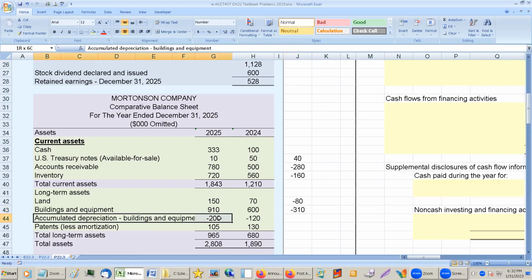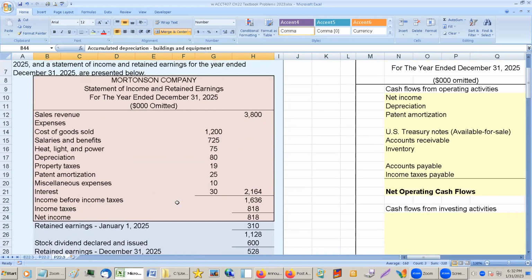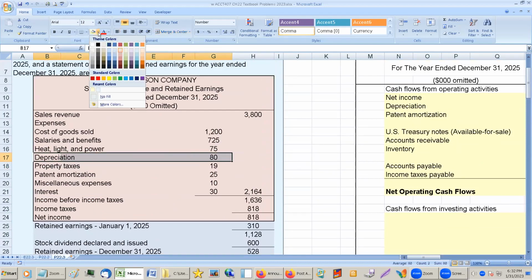Okay, now look at this accumulated depreciation. It changed in value. What do we do with that? Actually, nothing, because we already got that up here.